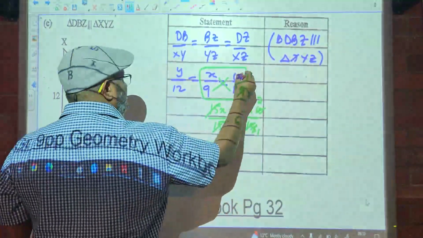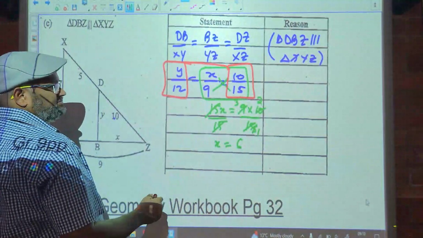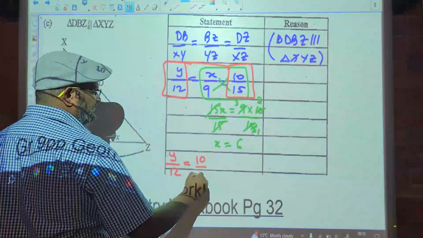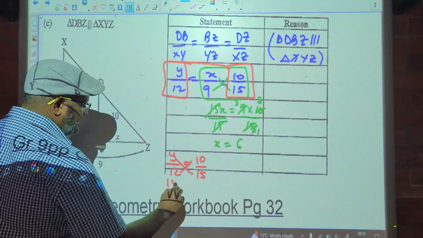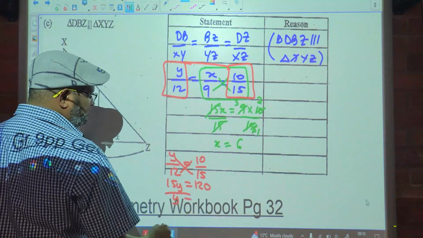Otherwise, we can block those two together. So you say y over 12 is equal to 10 over 15. Cross multiply. So it's going to be 15y is equal to 120. Divide by 15 both sides.